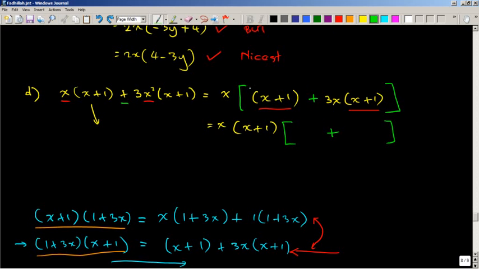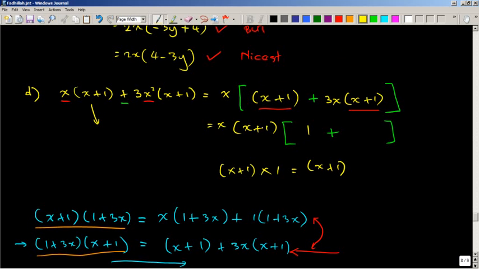So on the left hand side of the plus sign, apa yang tinggal bila kita dah take out? We are left with 1. Or nothing lah. 1 lah. Sebab 1 darab x plus 1 becomes x plus 1 again. Kalau x plus 1 darab dengan 1, it becomes x plus 1 again.